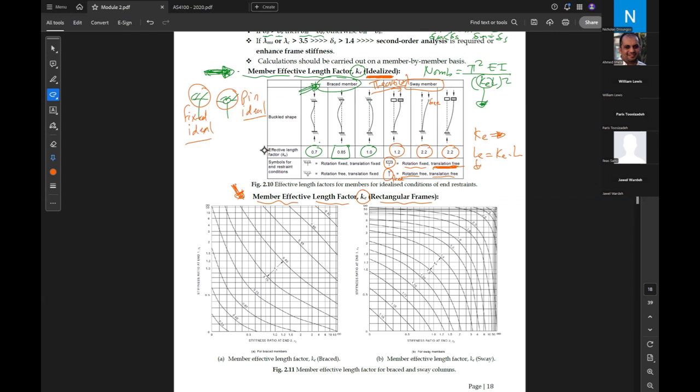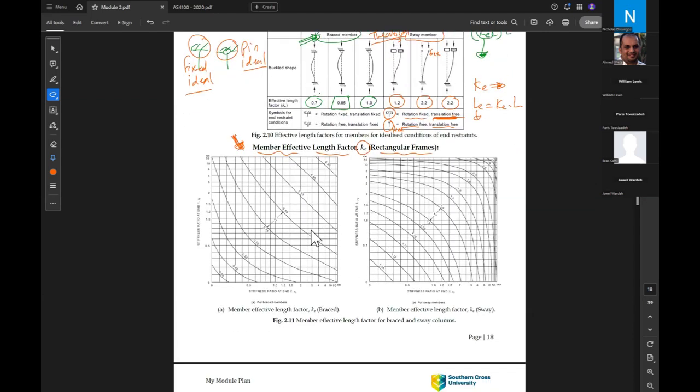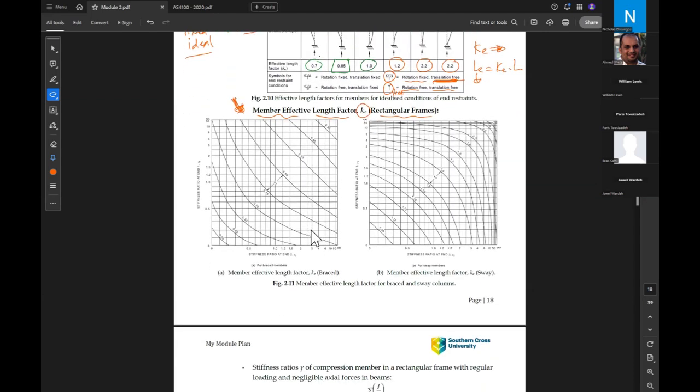We have something in the middle between them. To calculate that, the standard gives us these two charts: chart A for braced frames, chart B for sway or unbraced frames.